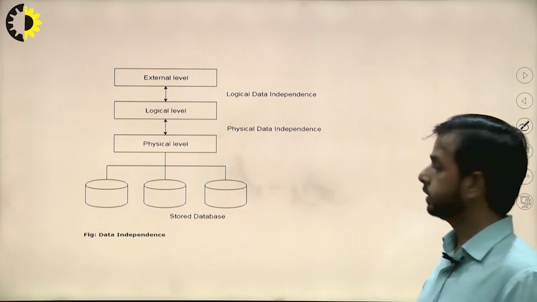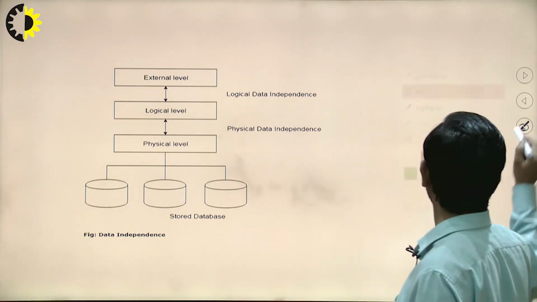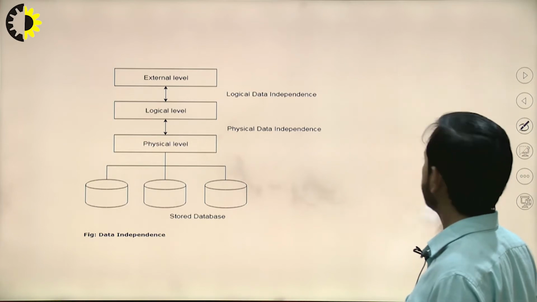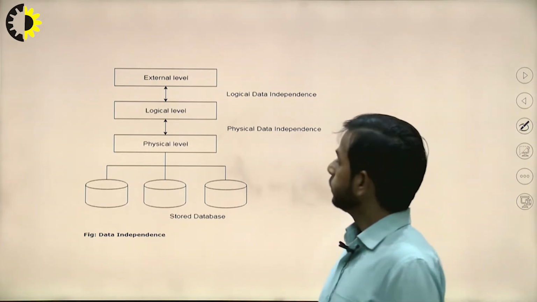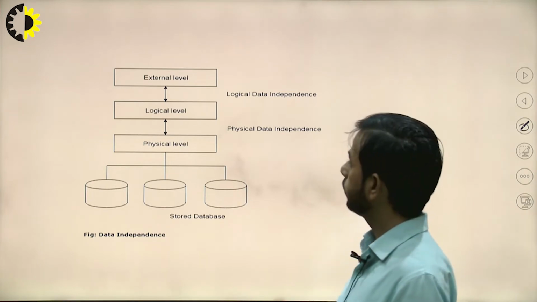Let's understand with the help of a block diagram. Our database has different levels of views.